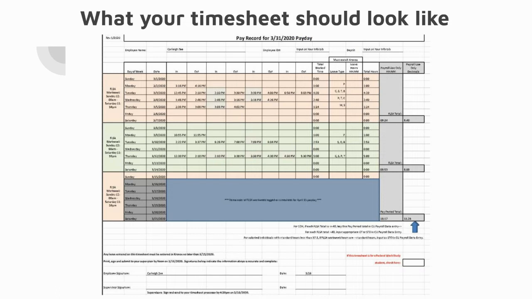So this is what your timesheet looks like. Here is the date, your ins and your outs, your total time worked, your leave type, and then your pay period total.